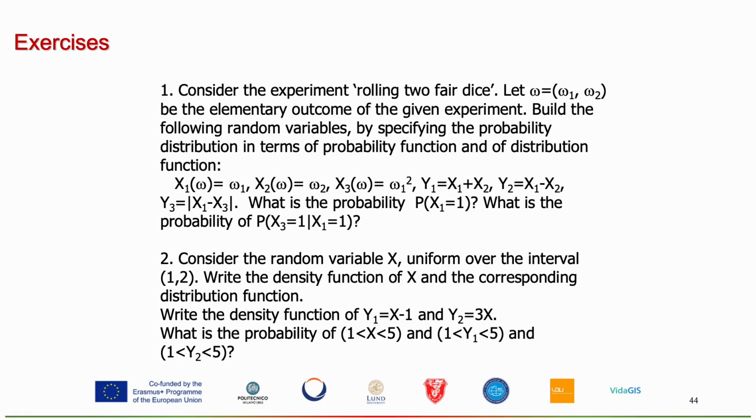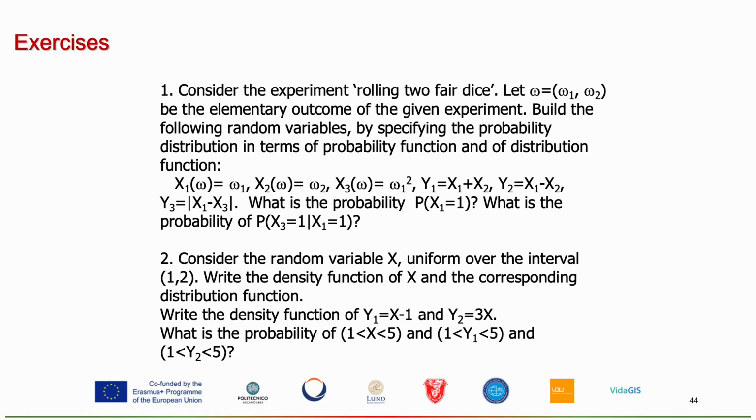What is the probability that x1 is equal to 1? What is the probability that x3 is equal to 1 given x1 equal to 1? Last exercise, consider the random variable x, uniform over the interval [1, 2]. Write the density function of x and the corresponding cumulative distribution function.